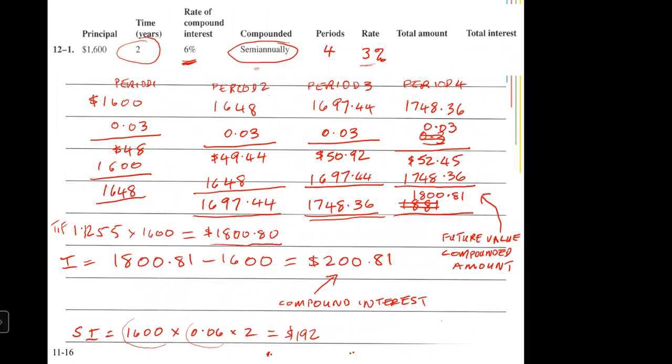Yes. Okay. All right. So see what we got earlier, 1,801.81. All right. So it's slightly off because of rounding.